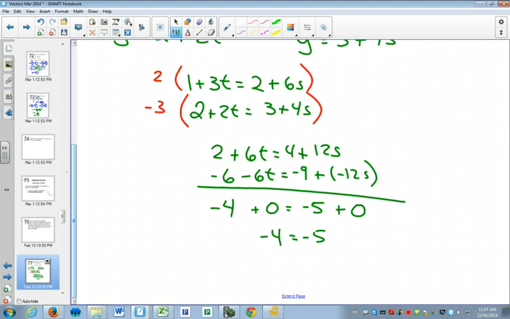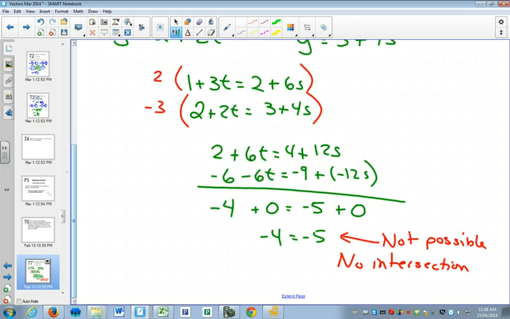Because this is not true. But what this means, since this is not possible, there is no intersection, and the only way two lines that are in two dimensions cannot intersect is if they're parallel.